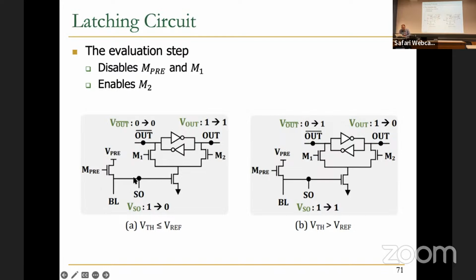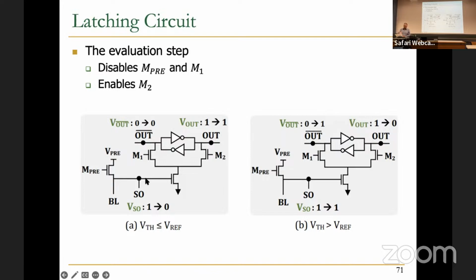So we have charged this SO to 1, right? And this one was controlling this transistor. If the current flows, then this SO will go to 0, meaning that the connection of this transistor to ground will be basically disconnected, right? So you don't really have a connection anymore to the ground. And that's why turning on M2 does not do anything, essentially, because there is no connection to ground. And then out prime and out will keep their voltage. And you can see that you are reading 1.